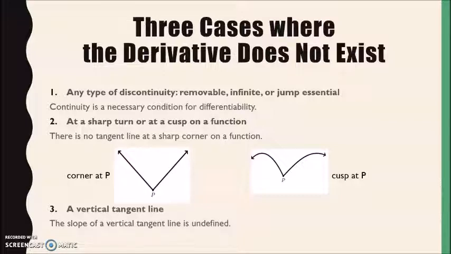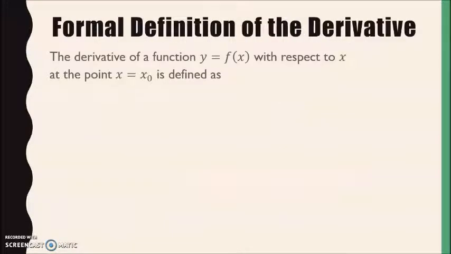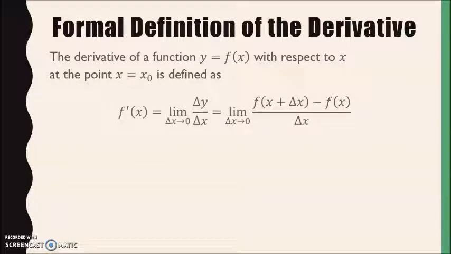So how do mathematicians formally define the derivative? The derivative of a function y equals f of x with respect to x at the point x equals x sub 0 is defined as f prime of x is equal to the limit of delta y over delta x as delta x approaches 0, or the limit of f of x plus delta x minus f of x all over delta x as delta x approaches 0, provided the limit exists.